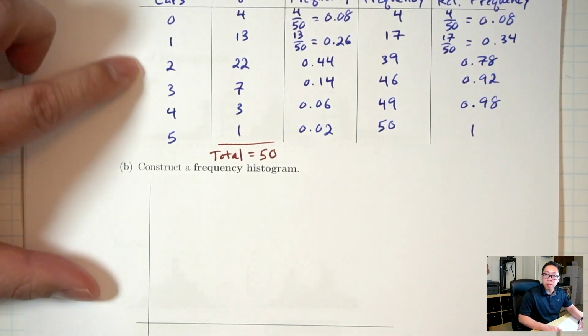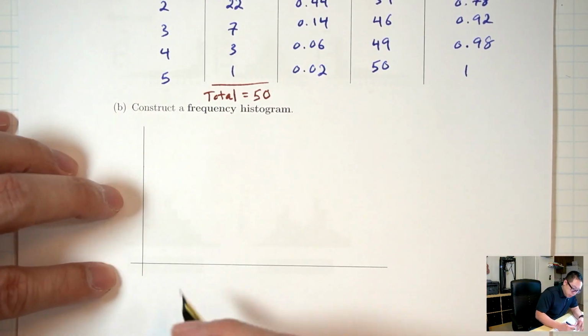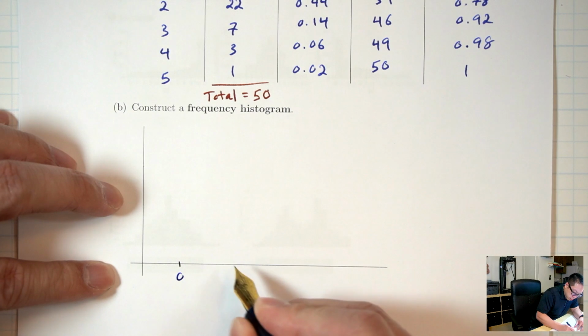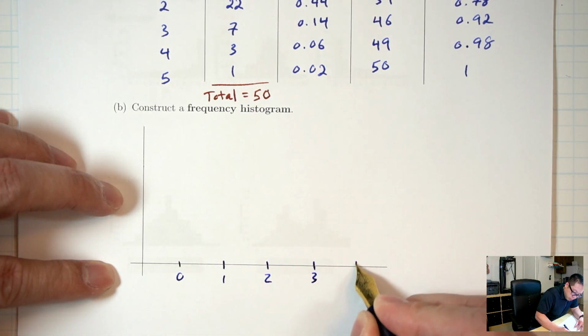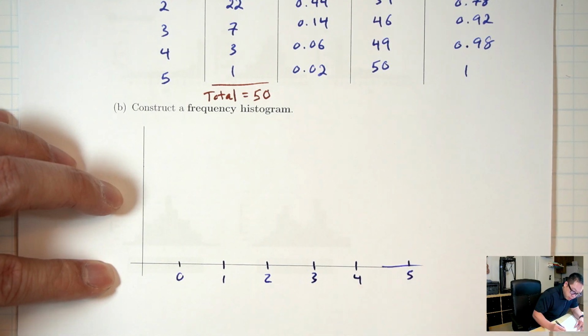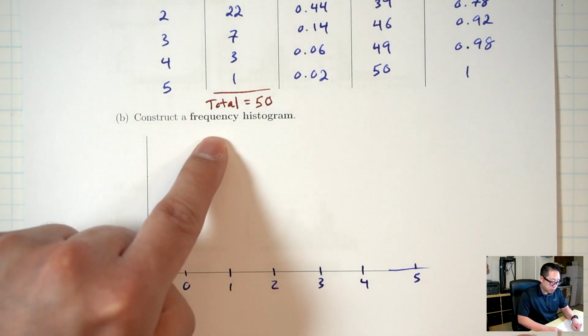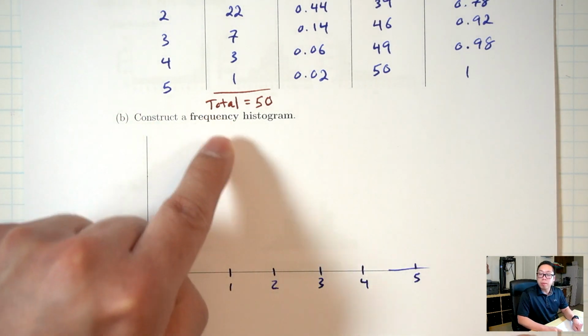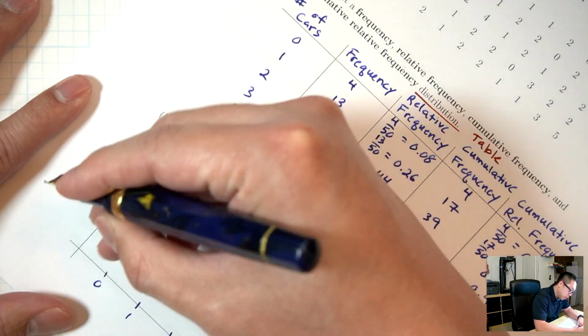So I'm going to list out 0, 1, 2, 3, 4, 5. On the y-axis, I'm going to put the frequencies.